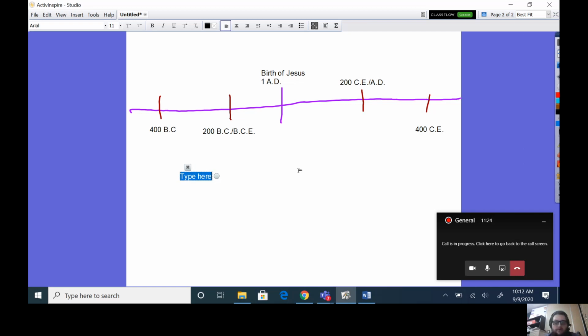All right, a few other things that we need to look at here really quickly are some of our words that tell us specific amounts of time. So we're going to look at a decade here, which simply means 10 years. Then we have a century, which is 100 years.